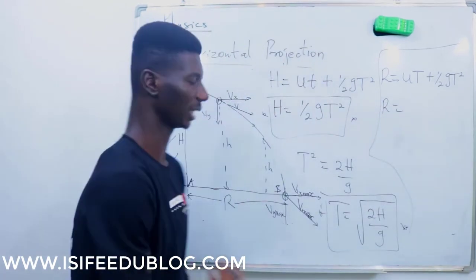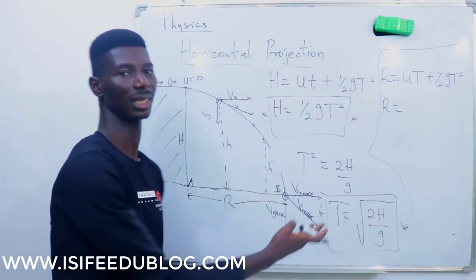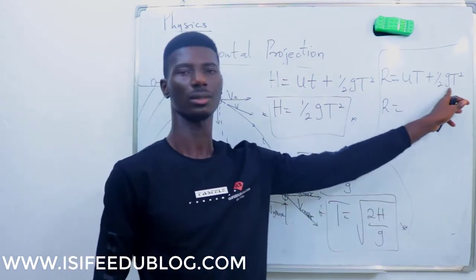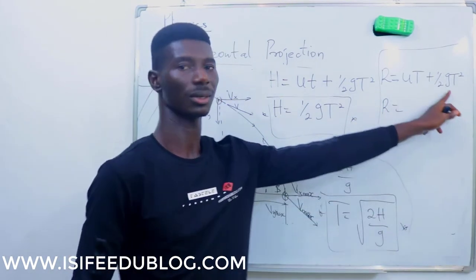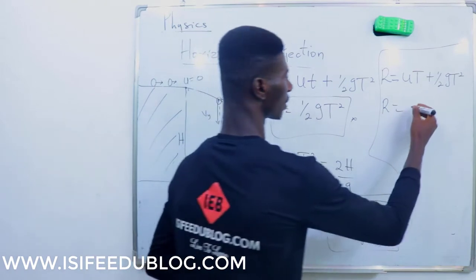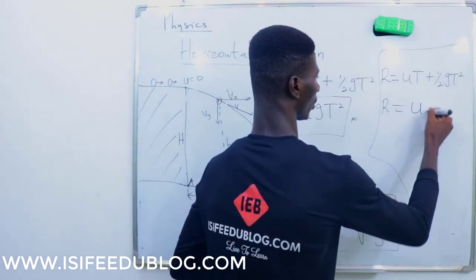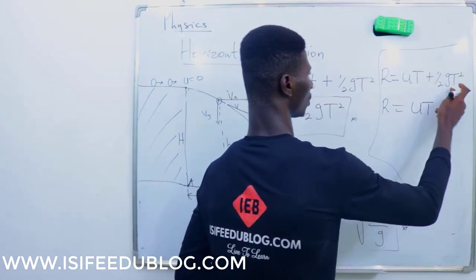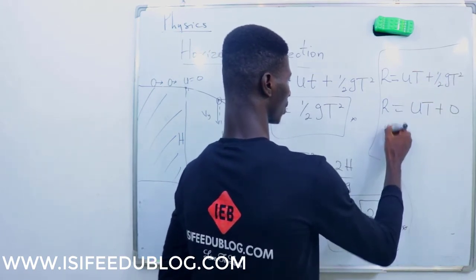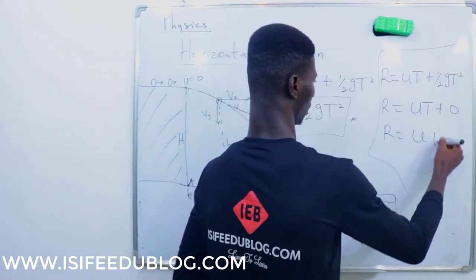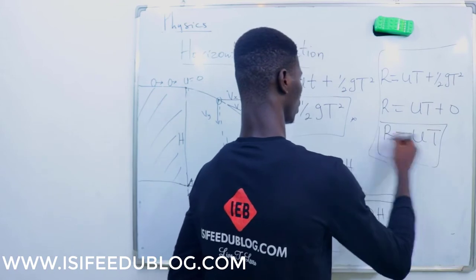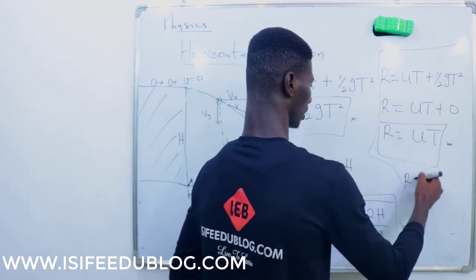But we know that for anything happening horizontally, acceleration due to gravity does not occur. So this is 0. What we have is ut plus everything here is 0, so it cancels. R is equal to ut. This is the formula we can use. R is equal to u times t.